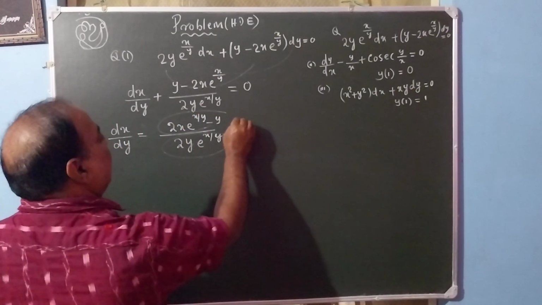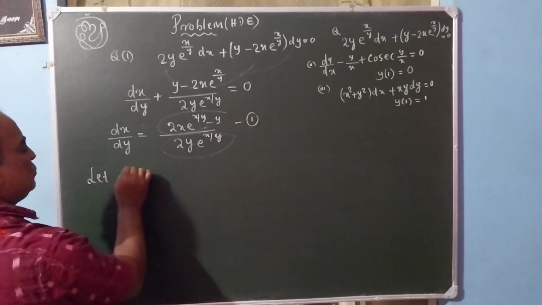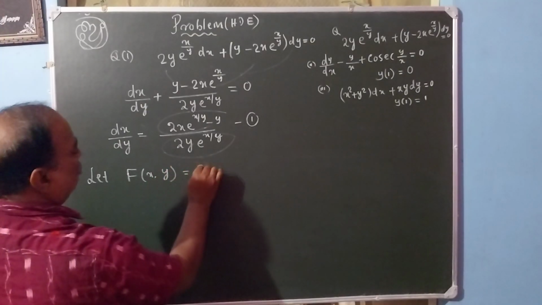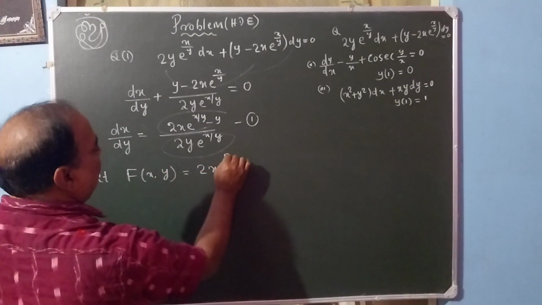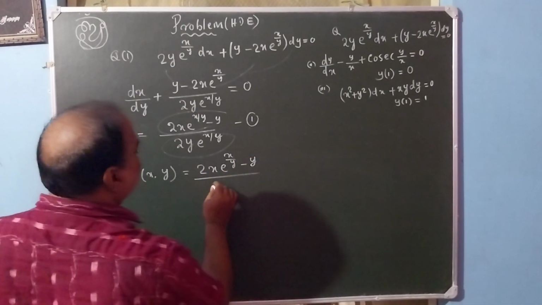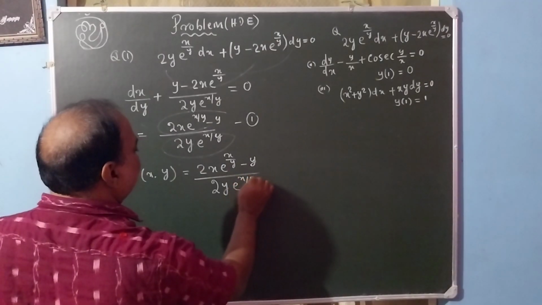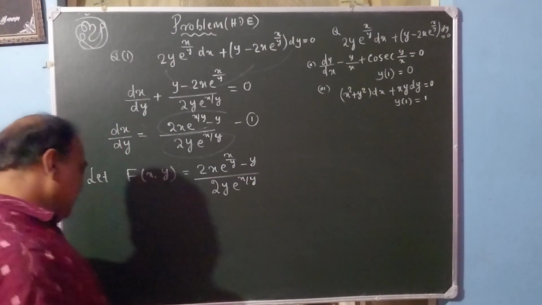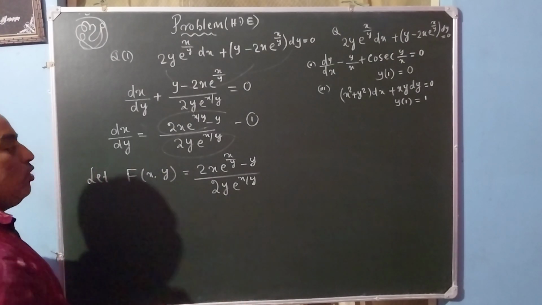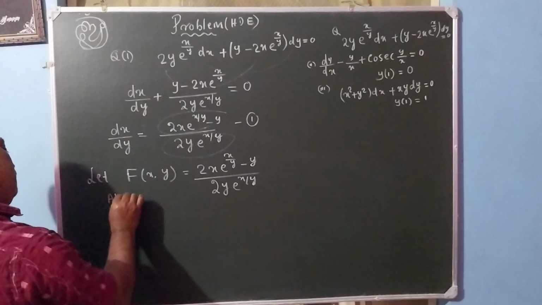So write down, let f(x,y) be equal to (2x e to the power x by y minus y) divided by 2y e to the power x by y. Always put x is equal to tu, y is equal to tv.